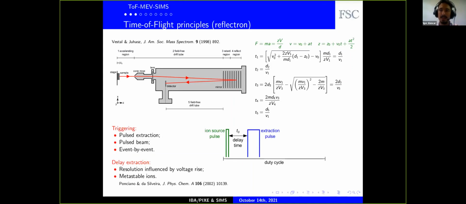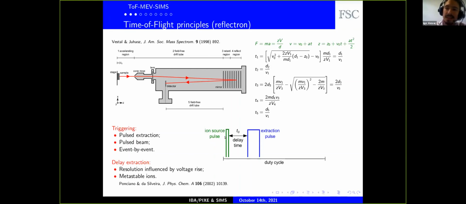So triggering is always a matter of what we are trying to do with mass spectrometry. You have several possibilities, of course, but as we don't have a pulsed ion source, we cannot use techniques such as the delay time and so on.